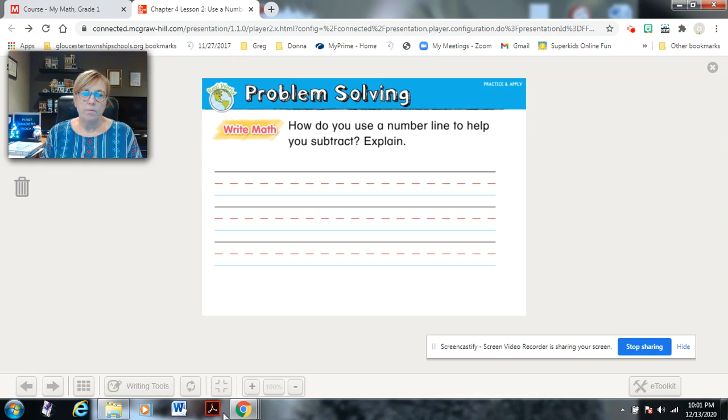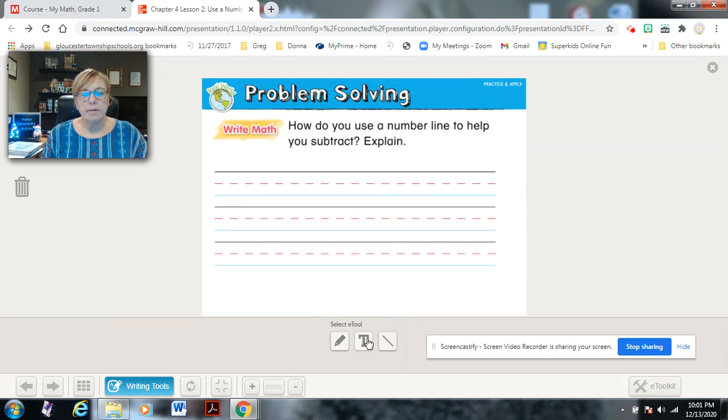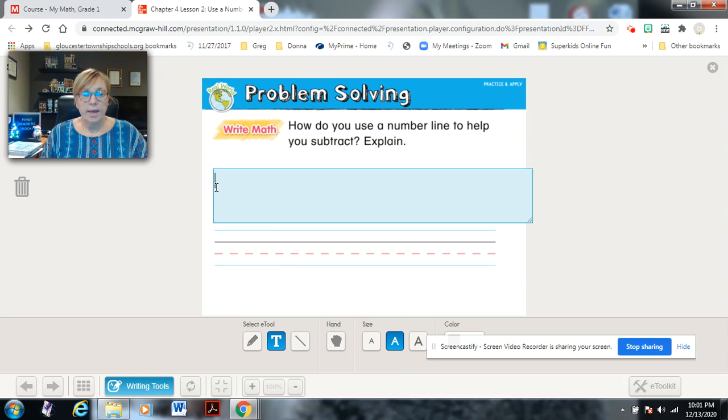Okay, here we go. How do you use a number line to help you subtract? Well, let's think about that. All we have to do is write what we do. Okay, so let's see.